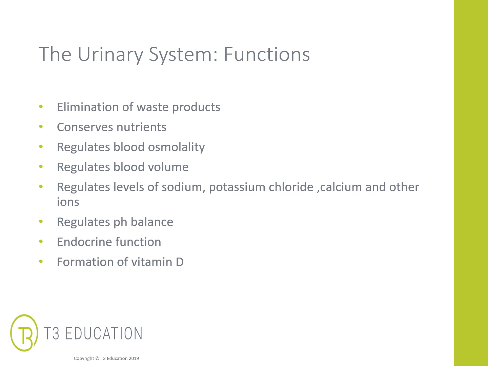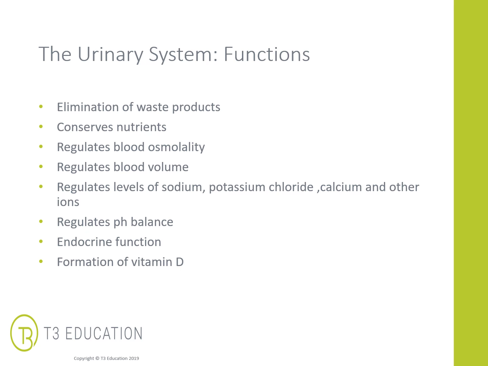Taking a quick look at the functions of the urinary system, you can see that it's actually involved in quite a lot of key functions in the body. So the first one, which is an obvious one, is elimination. As we eliminate the urine from our body, we pass with it not just water, but also some waste products or byproducts of metabolism within the body. And these are things like salts, toxins, along with the water itself, and we eliminate that as we urinate.